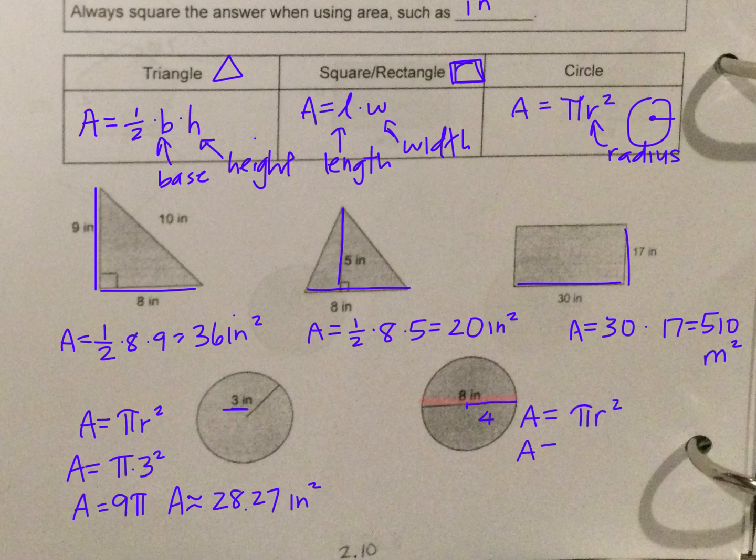The area equals pi times 4 squared. 4 squared is 16. 16 pi is your exact answer, and your approximate answer would be 50.27 inches squared.